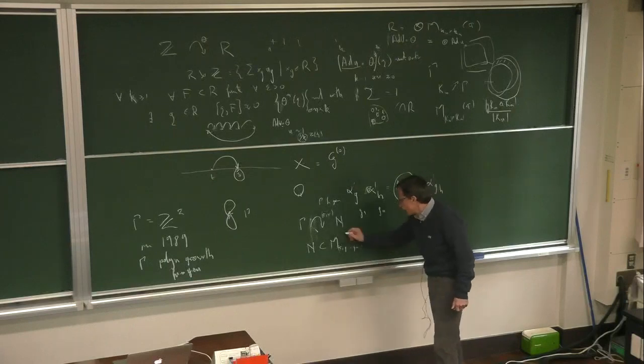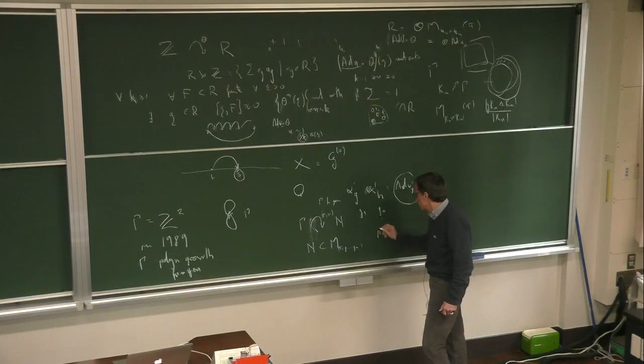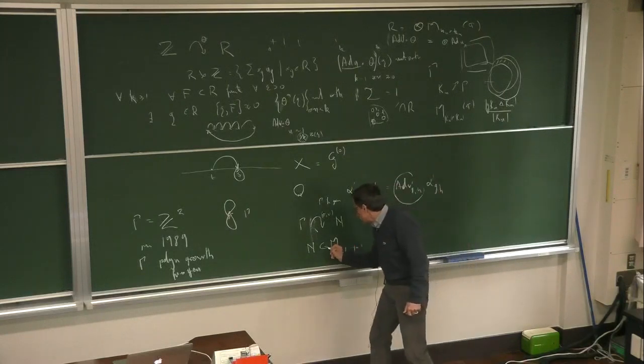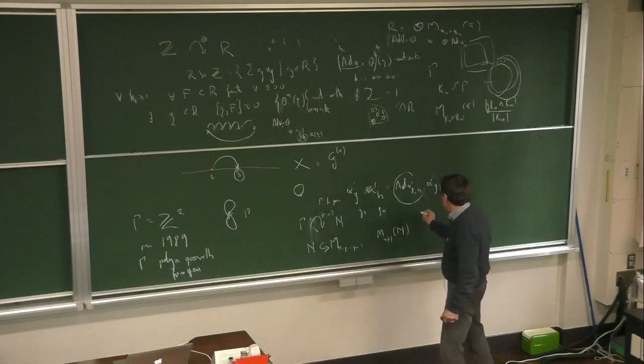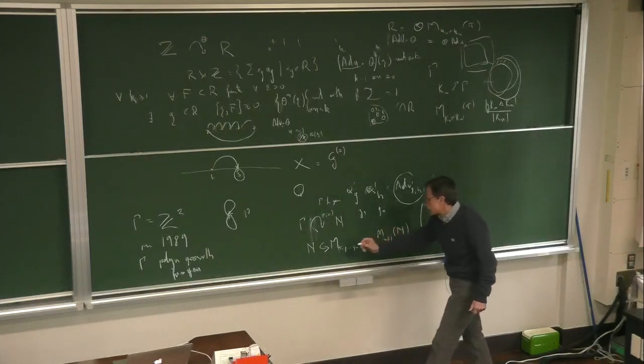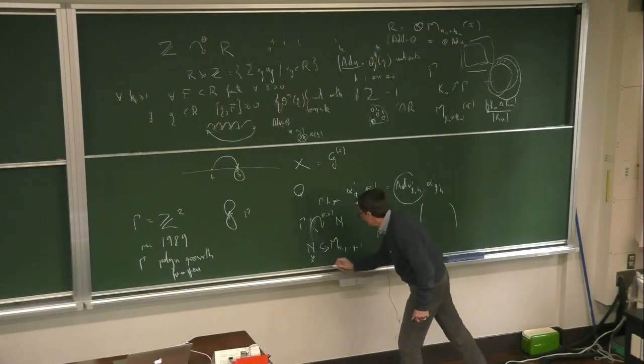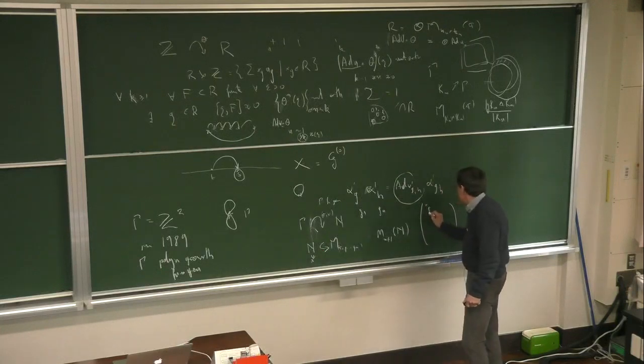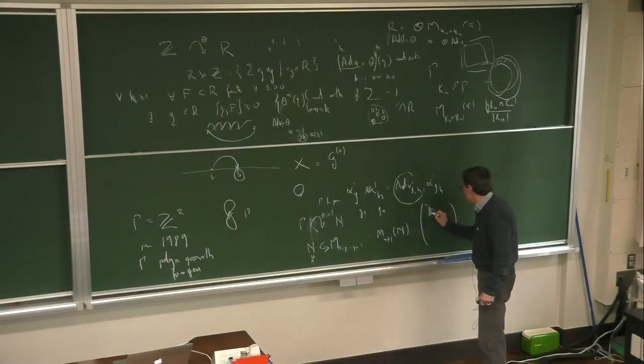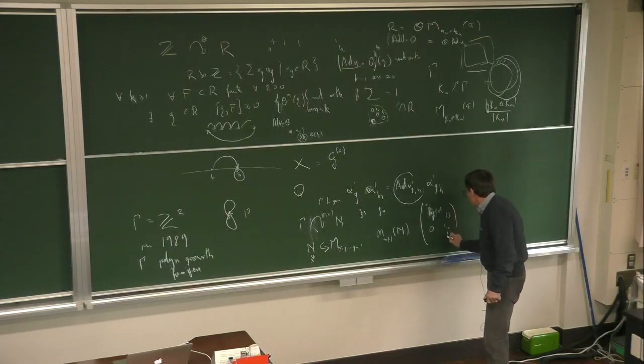Where this factor M is M_{n+1}, this is M_n, matrices over N, and this is actually the inclusion where you put x from here into this, diagonally, and 0.